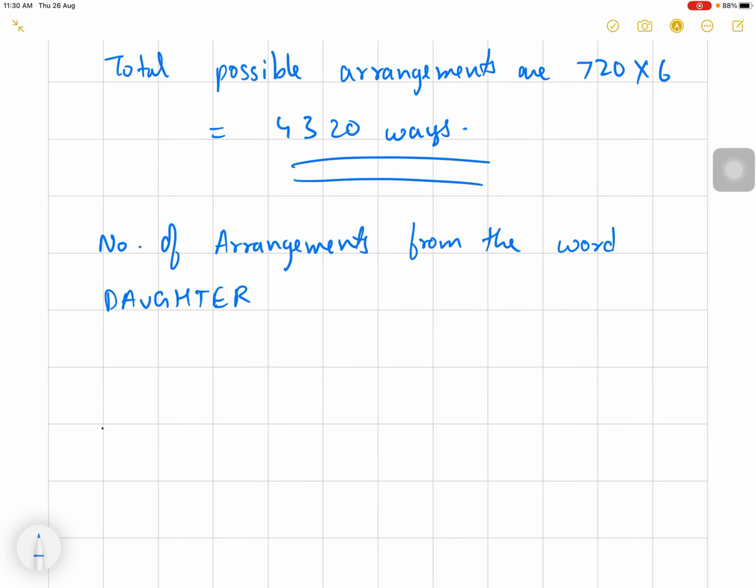There are 8 letters, so the answer will be 8P8. Correct?